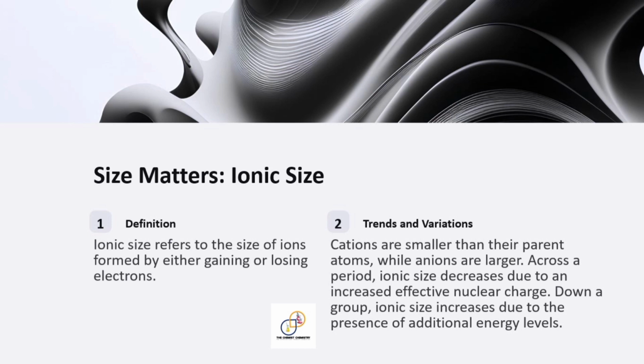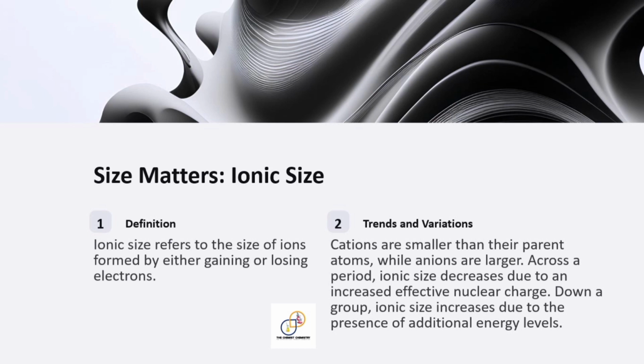When an atom loses an electron, it becomes a positively charged particle, termed a cation. When it gains an electron, it becomes a negatively charged particle, termed an anion.